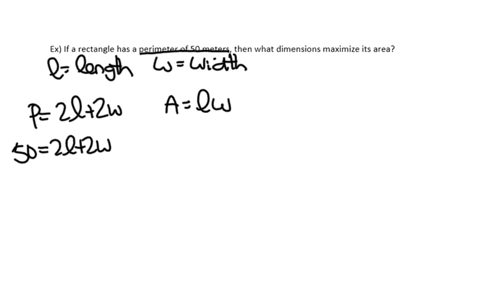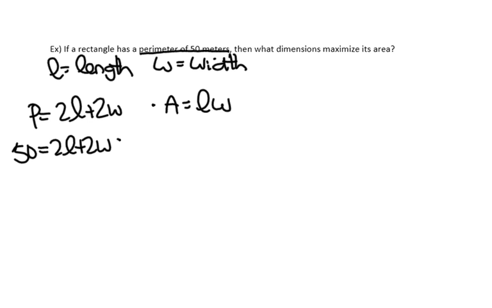Okay. Now, eventually, I want dimensions to maximize area. The problem is I have two different variables still in this equation. So the idea is I'm going to solve the perimeter equation for either L or W, and substitute that value into the area. So I have one equation and one variable that I can solve for.